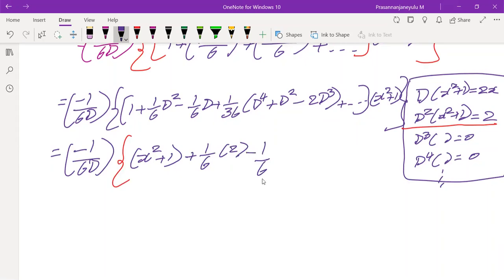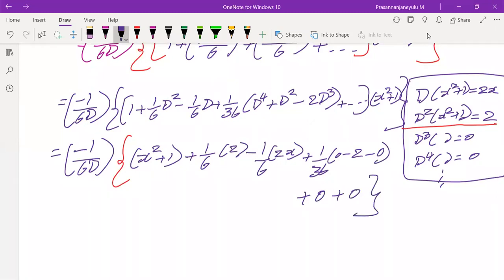is 2x, plus 1 by 36 into D power 4 value is 0, minus 2 into D square, D square of x square plus 1 is 2, minus 2 into D cube of x square plus 1 is 0. So what about the remaining terms? We'll get zeros only.